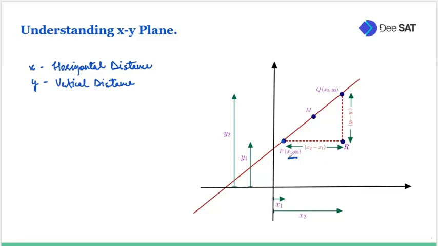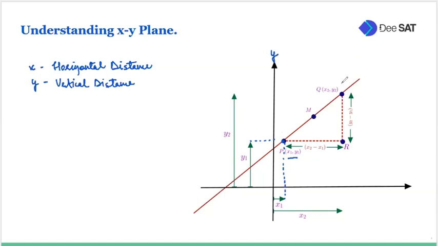That means when I say x1, it is the distance from the y-axis to this particular point. And when I say y1, it is the distance from the x-axis to this particular point. That means this is the point P(x1, y1).